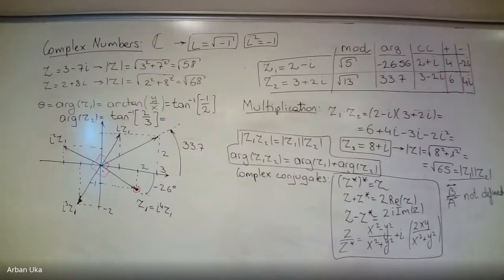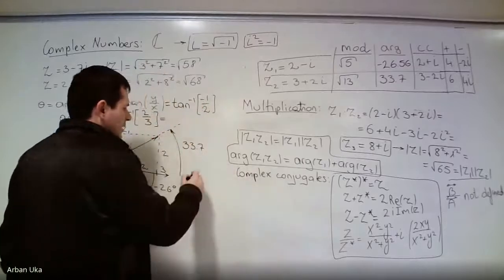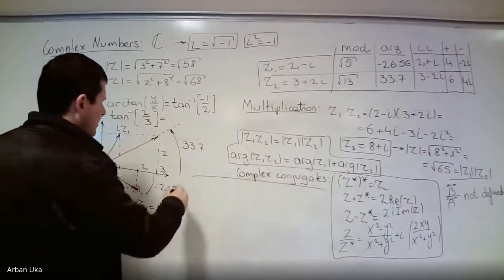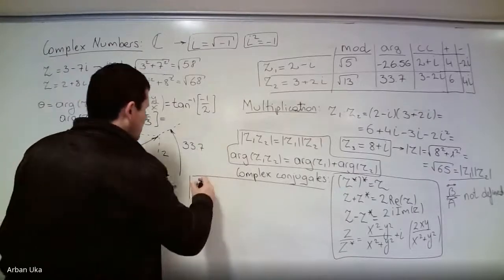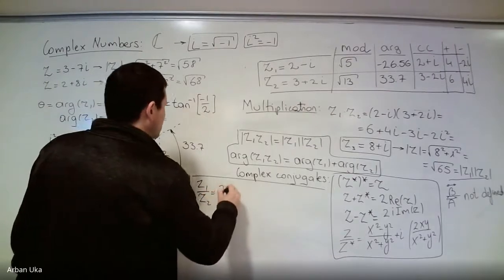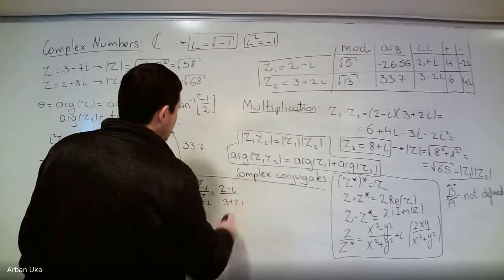Now, it looks like there is a similarity between the complex numbers and the matrices. Some operations which are not defined for those are also not defined for the other one. But to explain this, let's consider the division of Z1 by Z2. So here we have Z1 by Z2. This is equal to 2 minus I over 3 plus 2I.